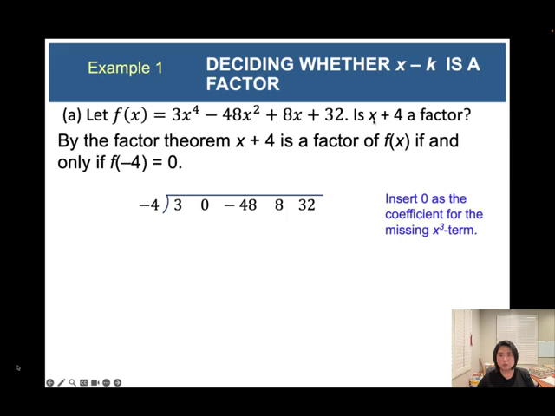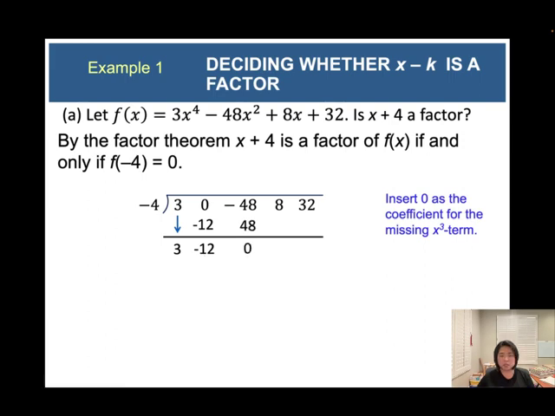In the form x minus k, k will be equal to negative 4. Now we bring down the 3. Multiply negative 4 times 3 to get negative 12. Add it up, then multiply by negative 4, and you should get 48.